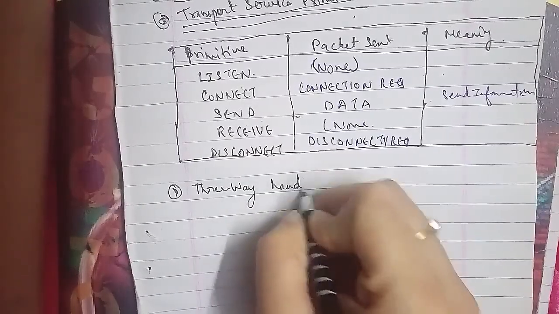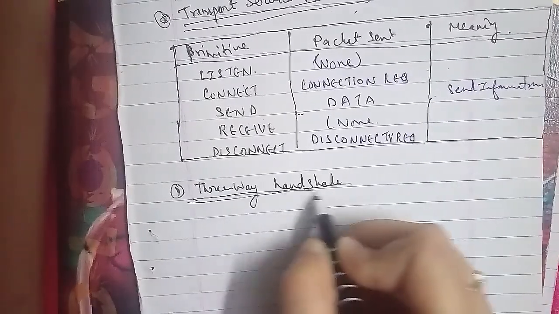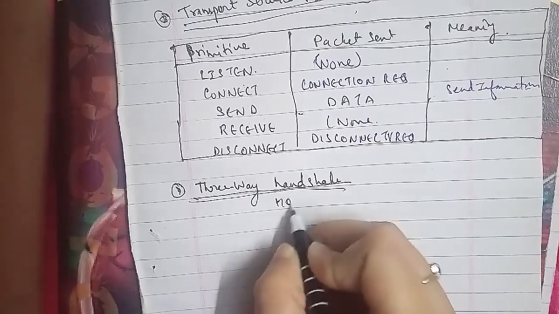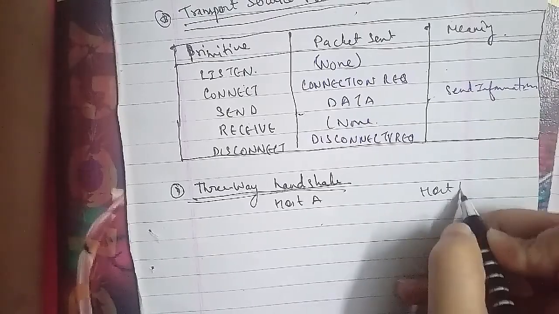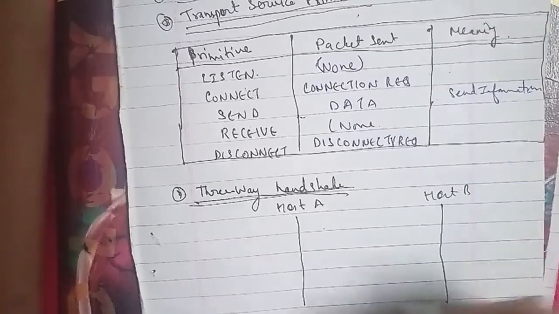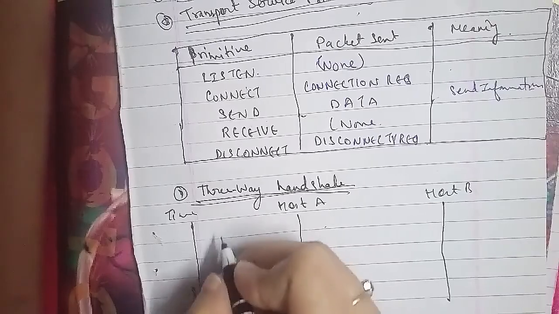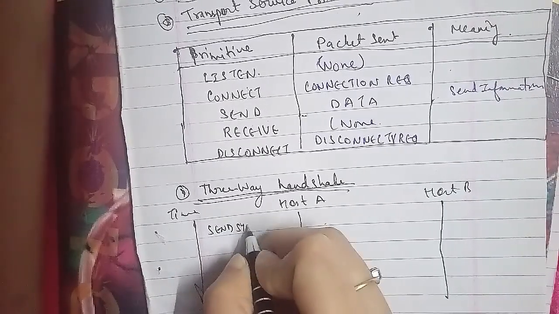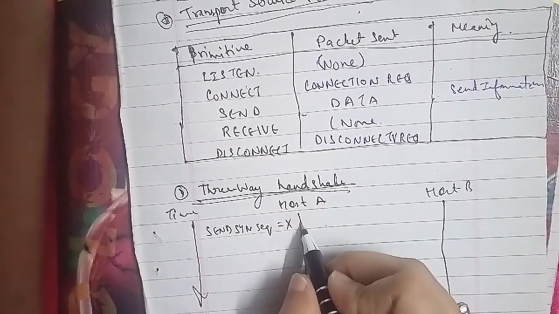Host A receives the SYN plus acknowledgement X plus 1, and then sends an acknowledgement Y plus 1, which is received by host B. So this is how it can be seen here.